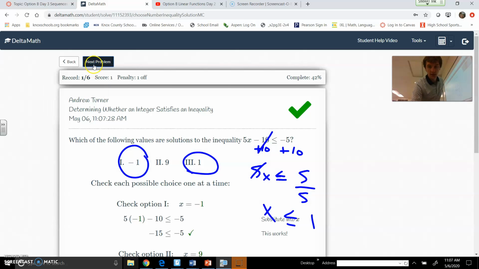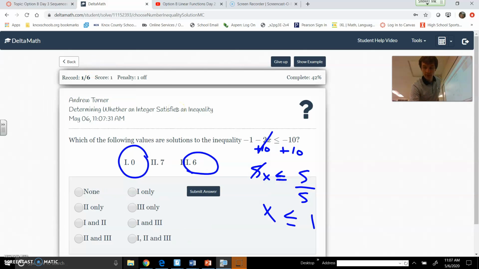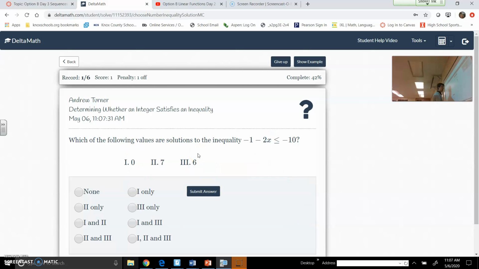Excellent. Let's try another one of those. This one may involve that process we were talking about a minute ago. Let's add 1 to both sides: -2x less than or equal to -9. And then when we divide by -2, this is where that rule comes into play.